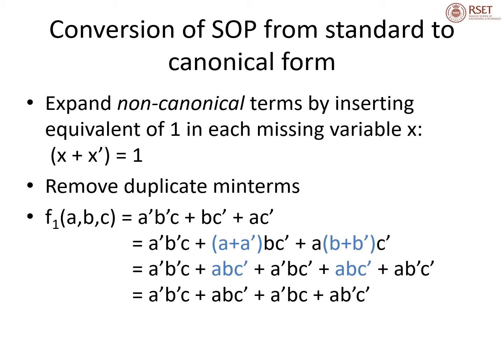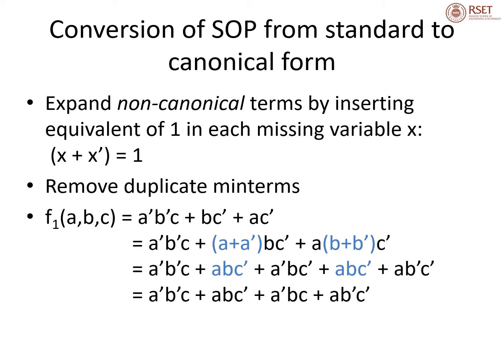Now, conversion of sum of product from standard to canonical form. Given a standard form, as you could see, there are missing variables in each term. So how can we get back our missing variables? To get back missing variables, you can expand non-canonical terms by inserting the equivalent of 1 for each missing variable x.